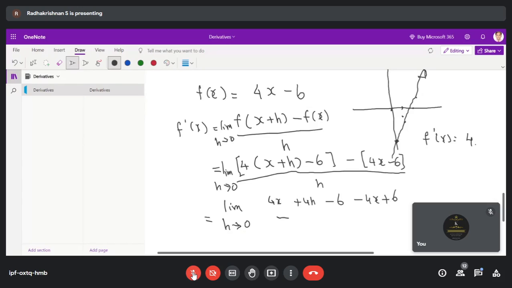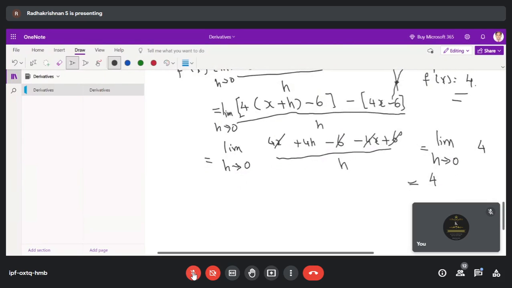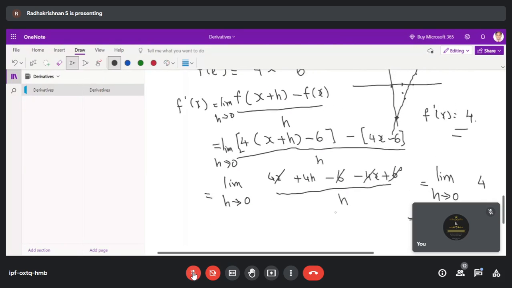The 4x cancel out, so what remains is 4h by h, which is 4. Limit h tending to 0 of 4. So it is equal to 4. So that is your f prime x, or dy by dx.